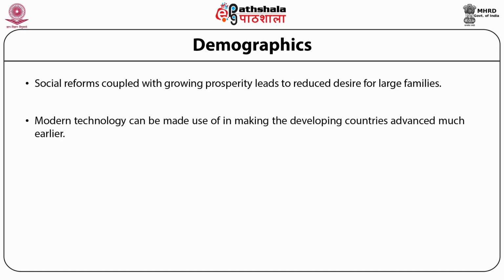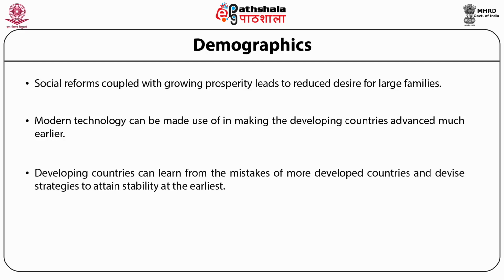Modern technology can be made use of in making the developing countries advanced much earlier. Developing countries can learn from the mistakes of more developed countries and devise strategies to attain stability at the earliest.